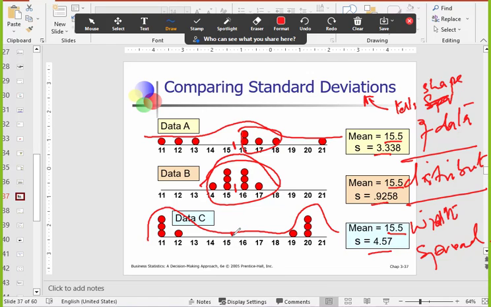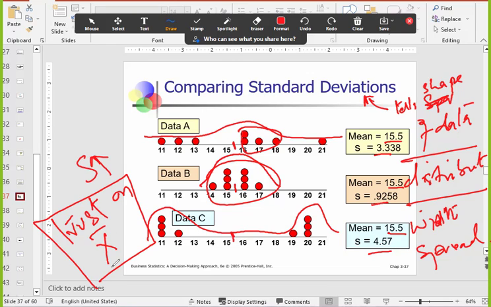And in this example, none of the data is located near. So it means whenever S increases, the spread increases, or in other words, the trust in X bar as a good representative decreases.